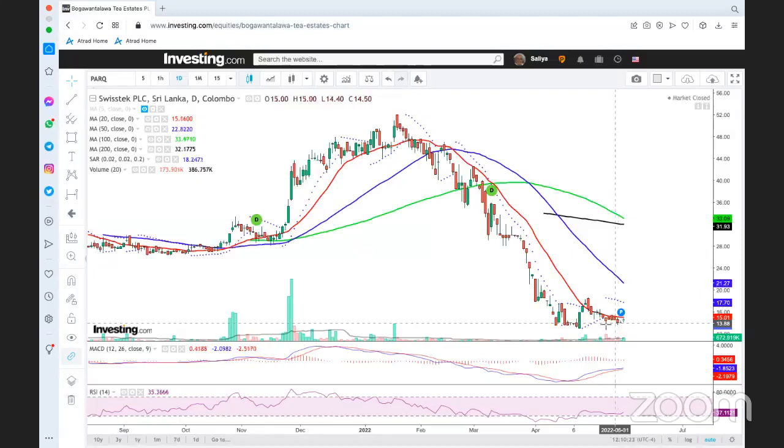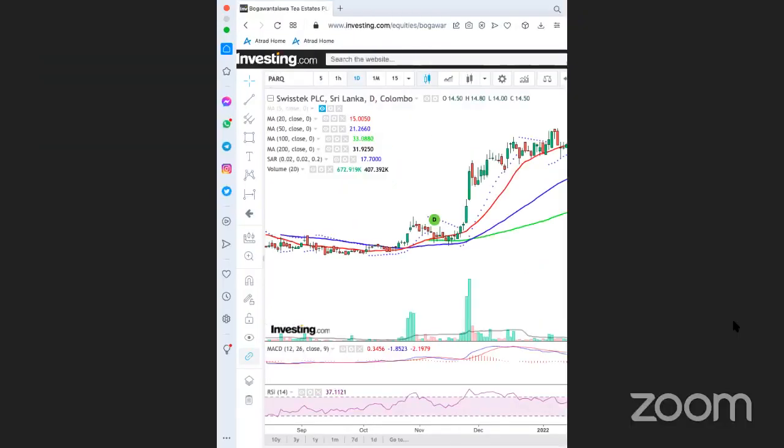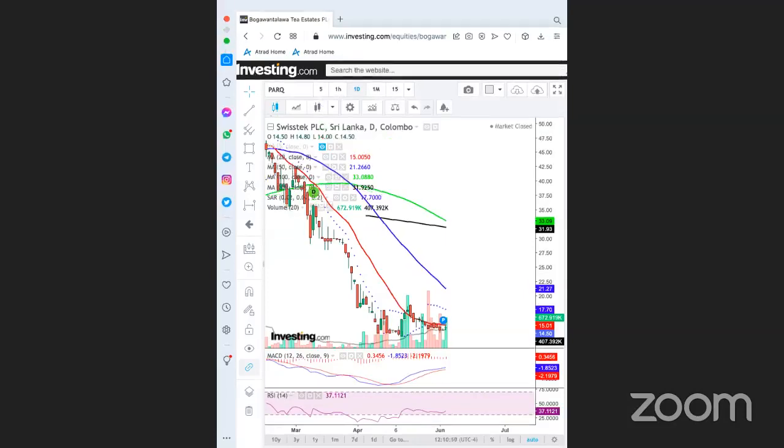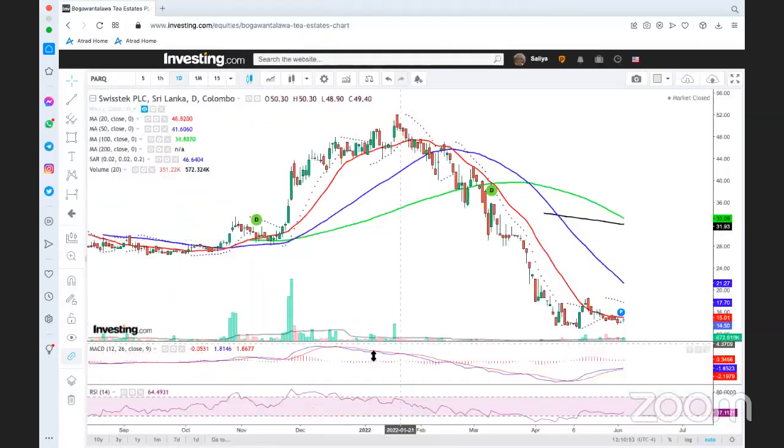As long as the next low is at this low of 13 rupees or above, we respect that. Why we are using this as the lowest low is because the previous lower low is this, and the previous lowest low had been this, but this is lower than that.